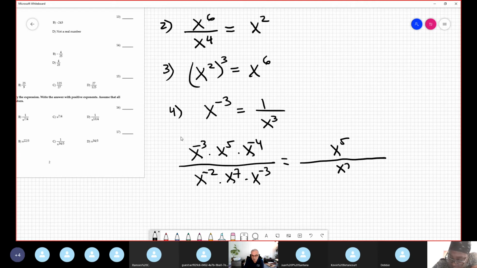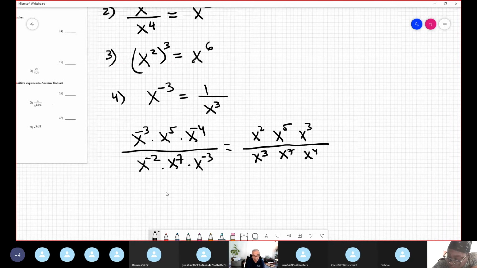Doesn't change. However, the negative, no. The negative is a reciprocal. Reciprocal is on the opposite side. This x to the minus 3 is x to the positive 3 in the bottom. This x to the minus 4 is x to the positive 4 in the bottom. This x to the minus 2 is x to the positive 2 in the top. And this x to the minus 3 is x to the 3 in the top. Okay? Those are my highly recommended steps.